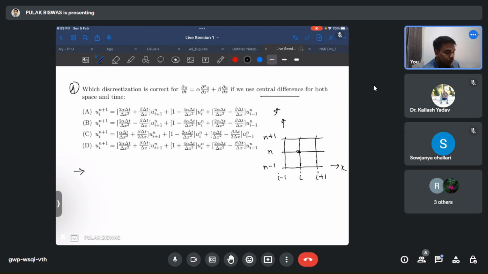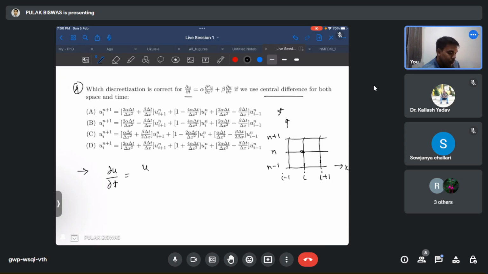So for this point, if we try to discretize this thing, how can we write partial del u del t? This is with respect to time.